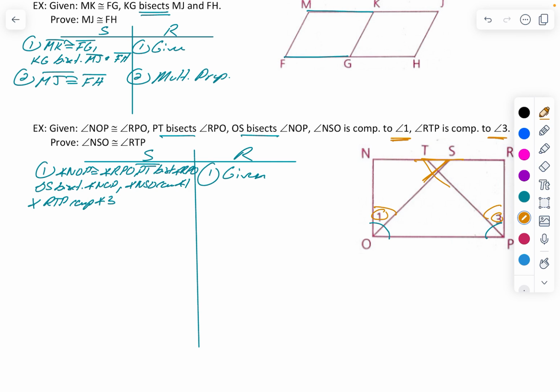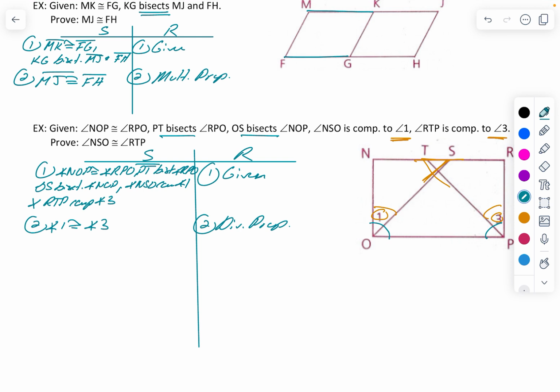So looking at what we have here, since they bisect, we can go ahead and say angle 1 is congruent to angle 3, and that would be the division property. Because in this case, we have the big angles congruent.